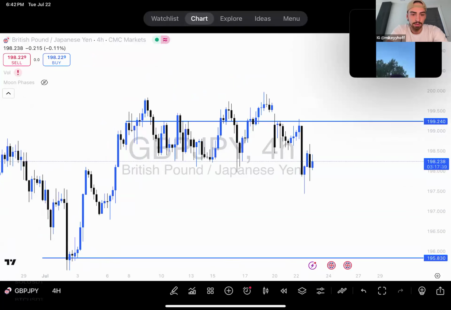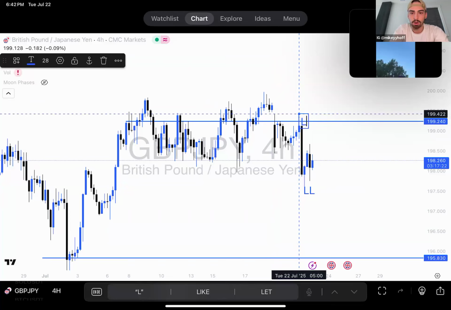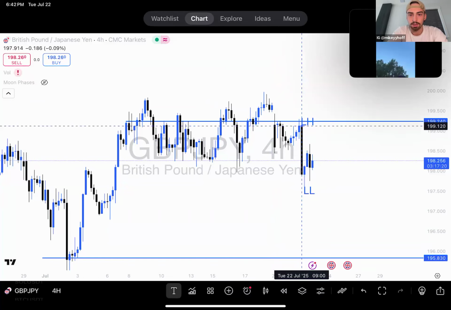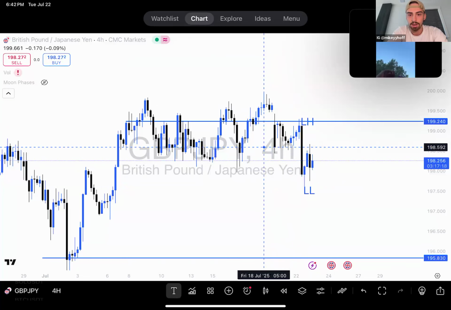So let's mark this up here. We have a lower low that was just created, coming from right here, which would be our lower high, because this high is lower than this previous high.